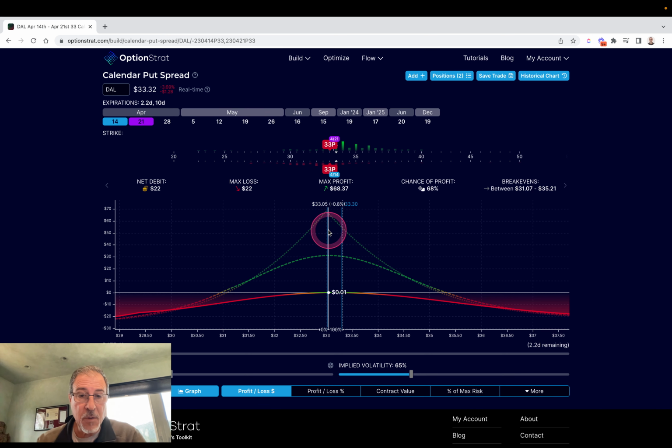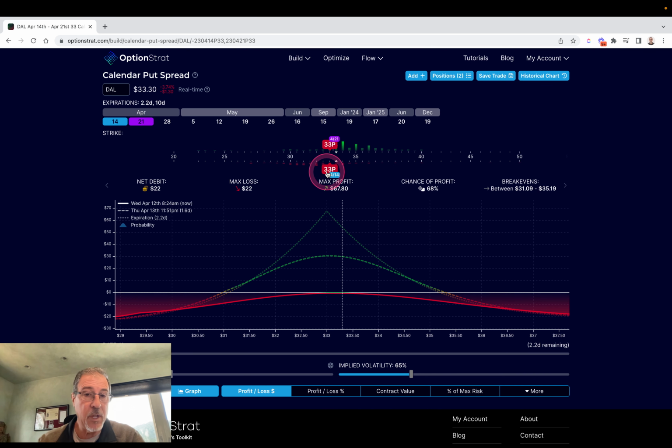And what you're going to see tomorrow morning at the open is this tent is going to shrink down considerably. Now, if our price happens to open here in the tent, you can achieve a fairly good profit literally overnight, 24 hours, because of the decay of this front short strike against the back strike.